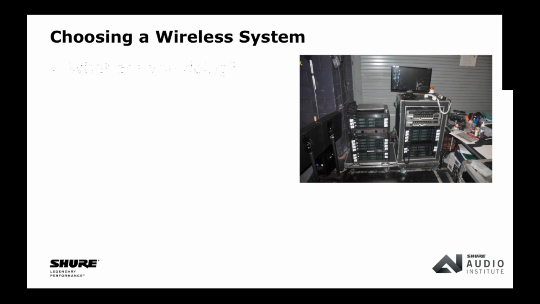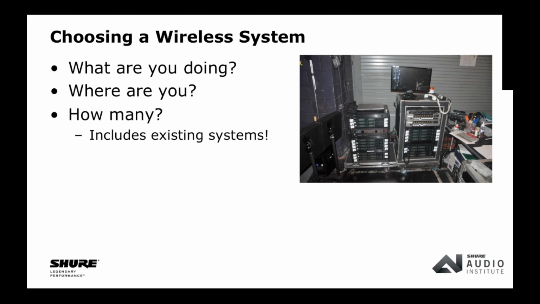So in the interest of time here, I just want to make one point on this before I ask James for some of the best practices that he uses in theaters, which is when you're choosing a wireless system for a theatrical application, most of the time you're going to be operating a lot of wireless microphones, right? It's very rare that you need just a couple.